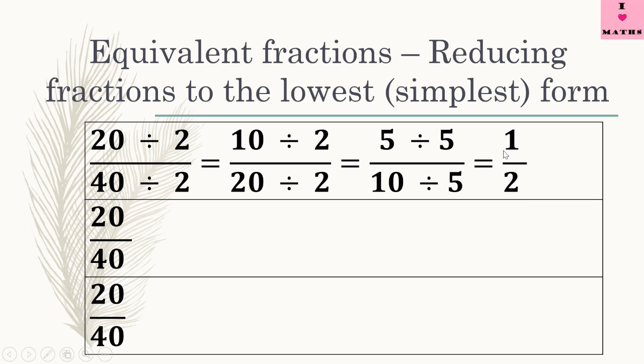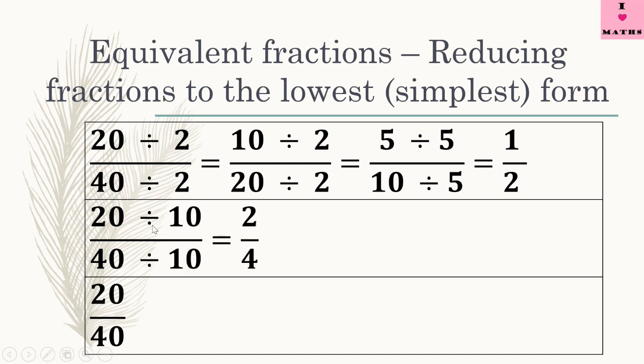Now children, there are more ways to change the same fraction into simplest form. Let us look at those different ways. Now 20 upon 40. When I ask you, look for a number in whose table 20 and 40 both come.